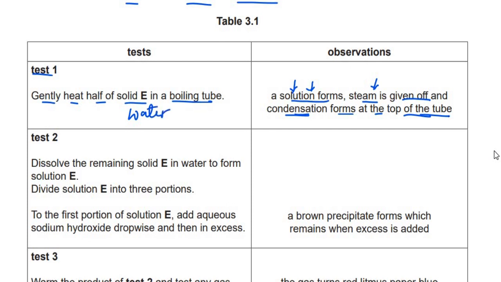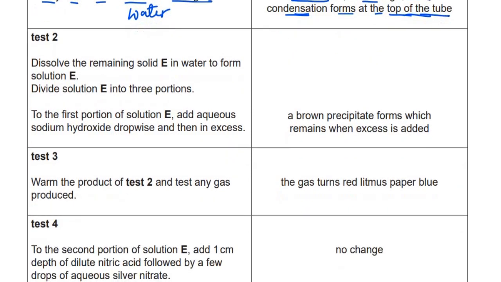That is, solid E should be a hydrated compound where it has water molecules with it. So on heating, solid E changes to solution and the water molecules are also evaporated, giving off steam, and this steam is condensed in the form of droplets at the top of the tube. From this observation, we can conclude that solid E is a hydrated solid.